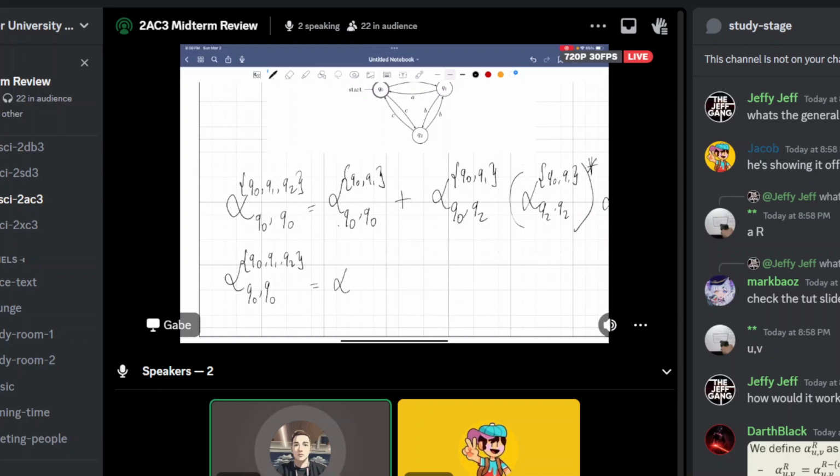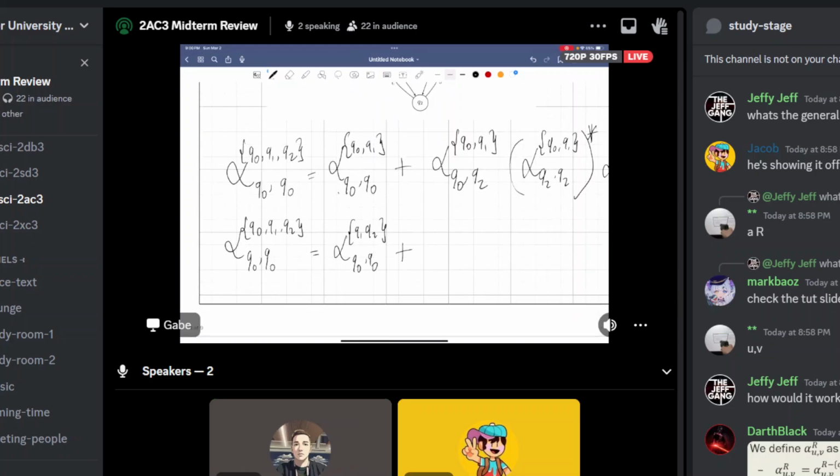Because that just gives us Q0, Q0, Q1, Q2 as states we pass. Or we go through Q0, but that's just Q0 to Q0 again. So as you can see, we're just repeating the same term over and over.